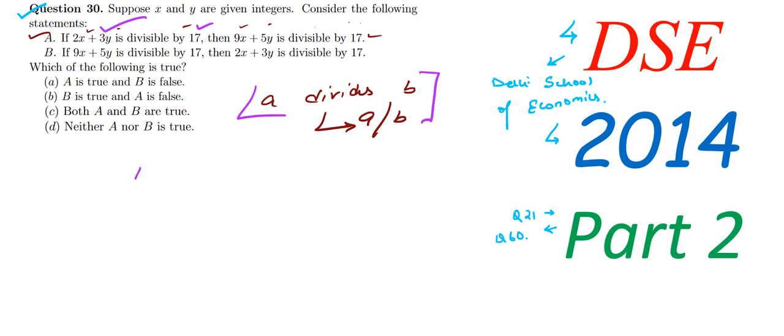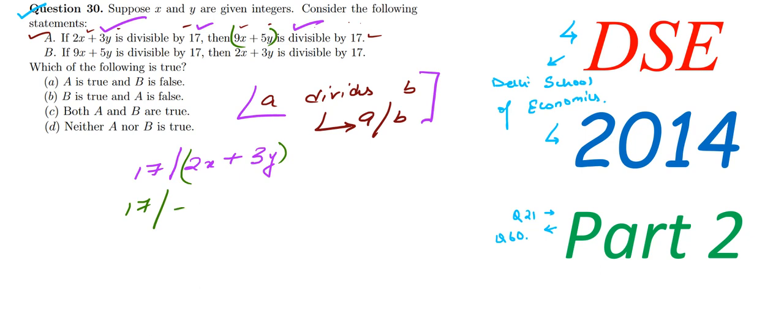This is the given equation. So let us write this as 17 divides 2x plus 3y. Now we need to take this statement to 17 divides 9x plus 5y. So we need to check whether this, that is 2x plus 3y, can be transformed into 9x plus 5y. For that, our first step can be to multiply this side with minus 4.